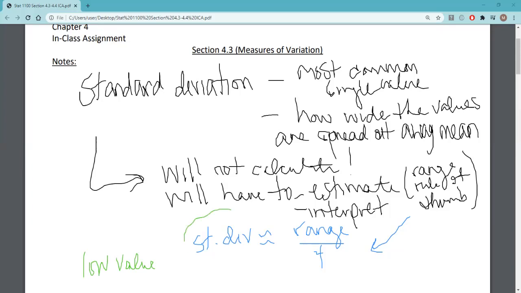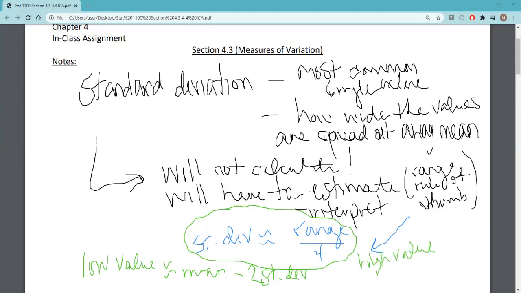Based off of this range rule of thumb, we can say that the low value is about the mean of the data set, whatever is the average, right? So the mean minus 2 times the standard deviation. And then the high value in the data set is about the mean plus 2 times the standard deviation.